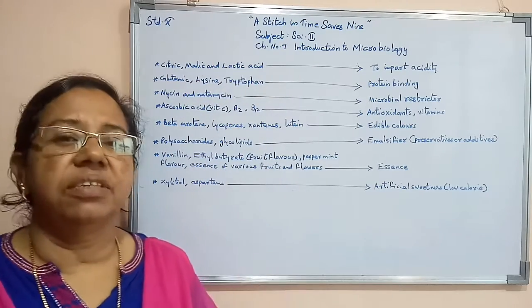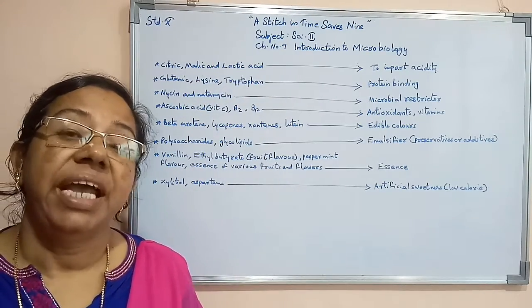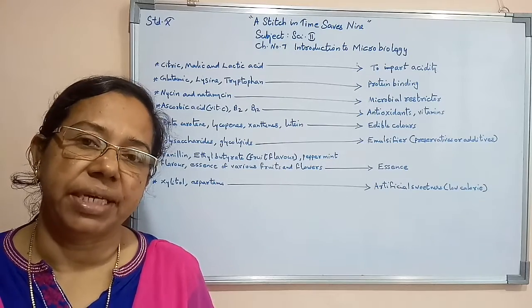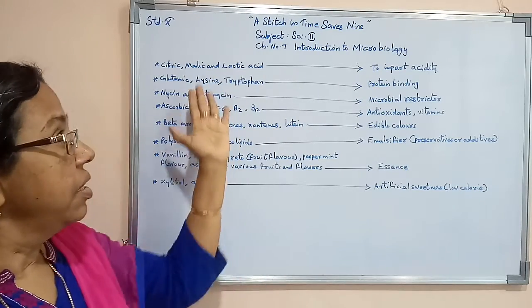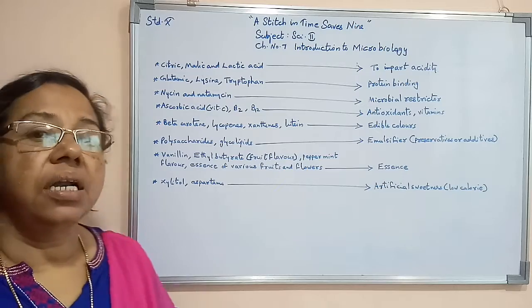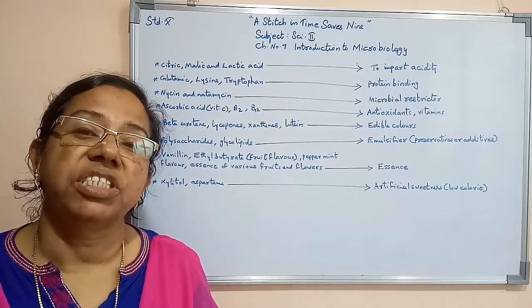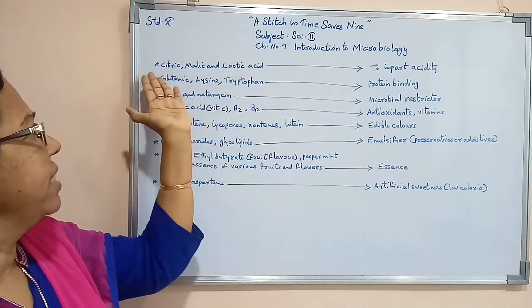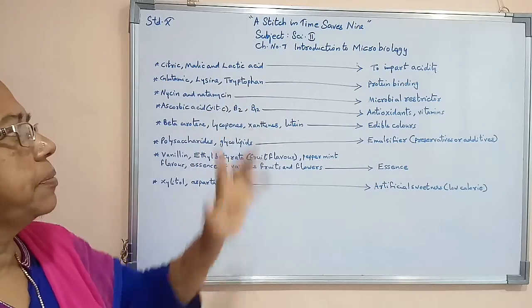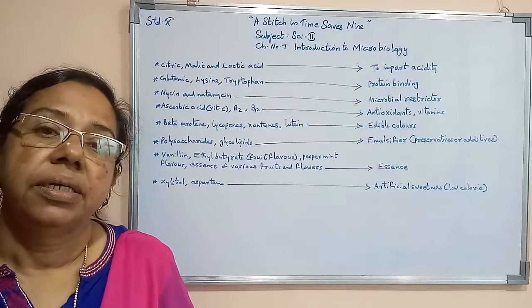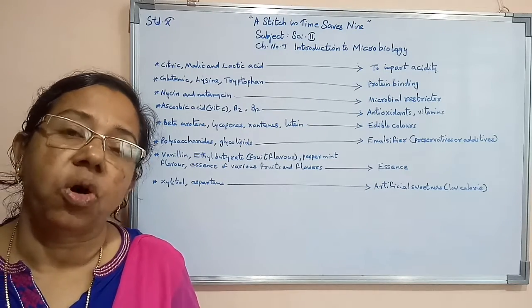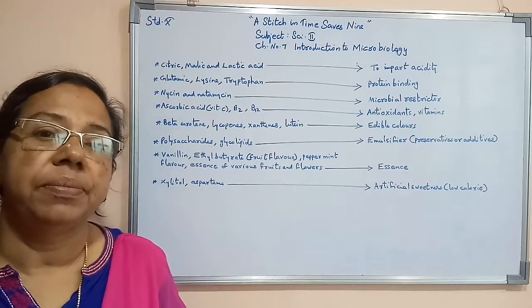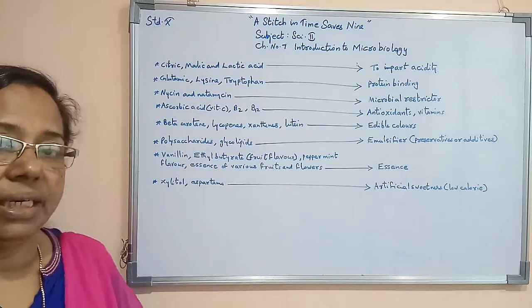Here different substances are shown. These substances are all produced because of the action of microorganisms. So these are all produced by the processing of microbes. Because of them, so many substances are made.